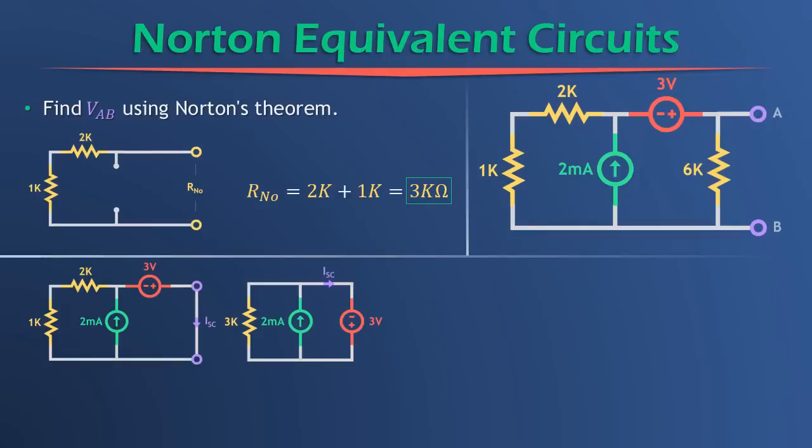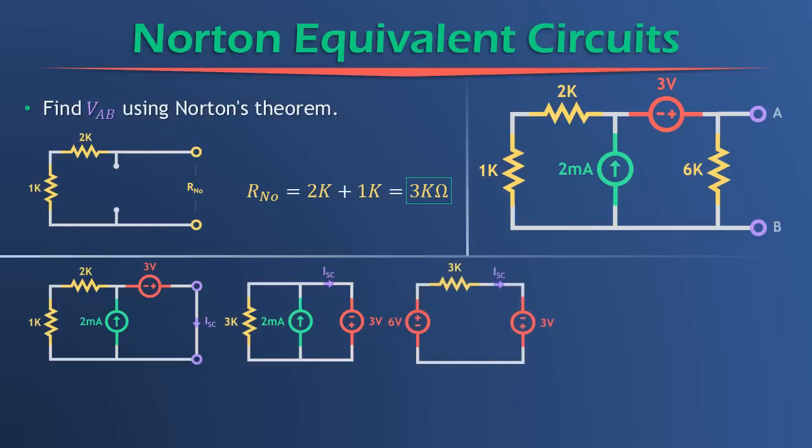Now, what do we have here? We have a current source in parallel with a resistor. What can we do with a current source in parallel with a resistor that we just learned? Of course, we can do a source transformation and make it a voltage source in series with a resistor. That's what we did here.